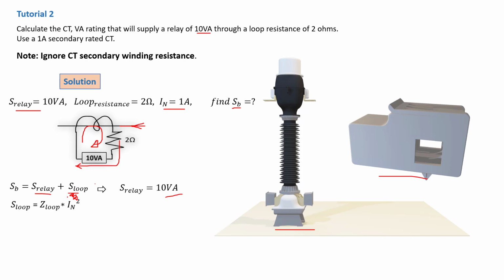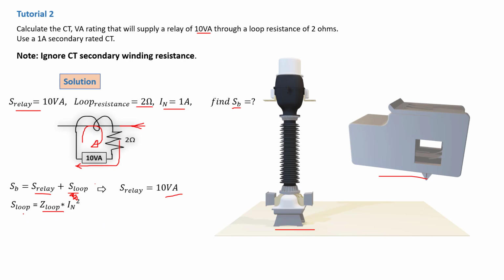The power formula says S_loop is equal to Z_loop times I_N squared. Z_loop is the 2 ohm resistance, and I_N squared is our nominal current, the 1 amp current that is flowing through there. Very simple, just like that.